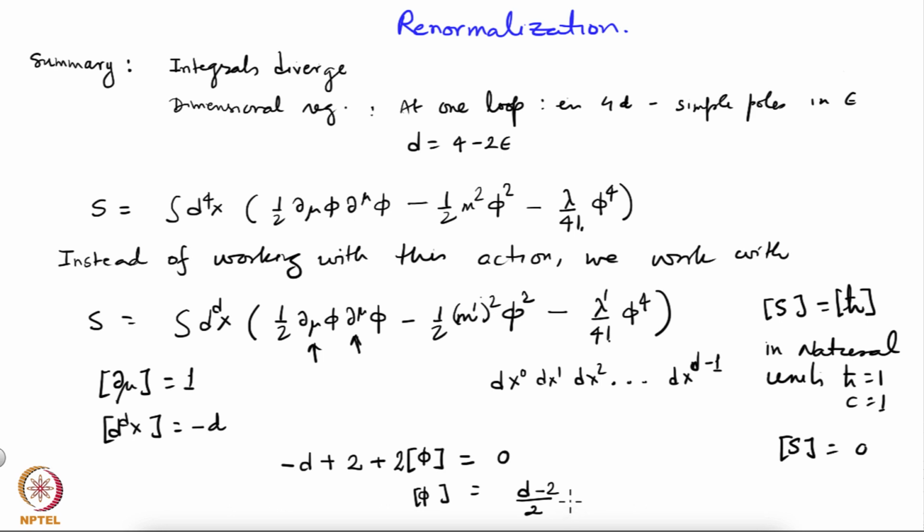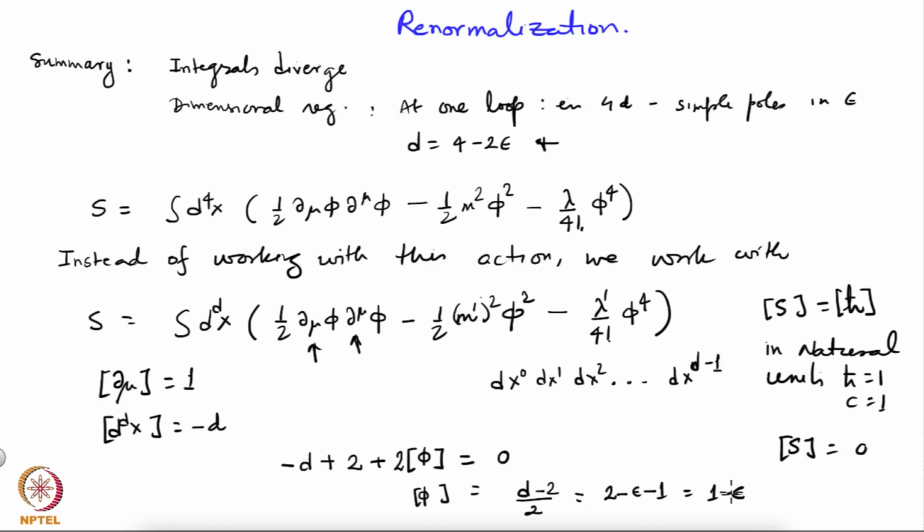That is the general case, but for us, because we are taking d equal to 4 minus 2 epsilon, 4 over 2 is 2 minus epsilon, and then you have minus 1 coming from here, so this is 1 minus epsilon. That's the mass dimension of phi.